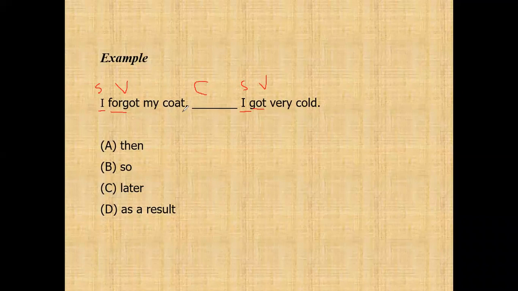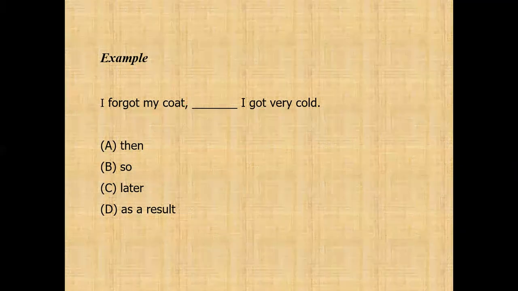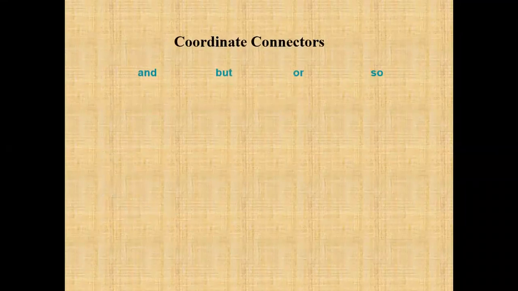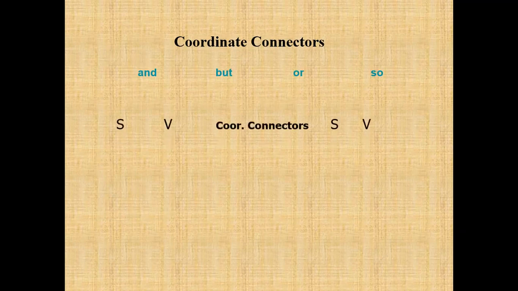So let's find which one is the connector. So the answer is B. I forgot my coat, so I got very cold. Before the connector, there is a comma. So coordinate connectors are and, but, or, and then so. So remember the formula: subject verb coordinate connector subject verb.